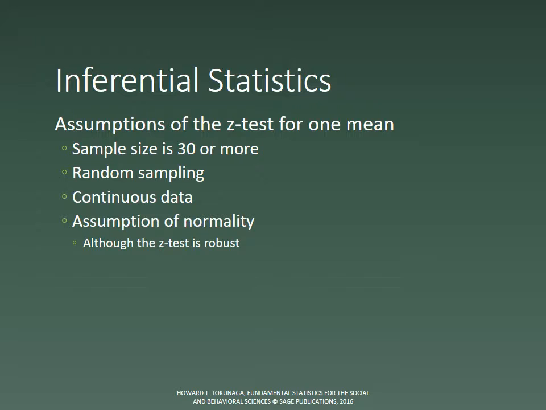So here is our first inferential statistic, and these are the assumptions for the z-test for one mean. The z-test assumptions are sample size is 30 or more, there's random sampling occurring, continuous data is captured, and we assume that it's normal.